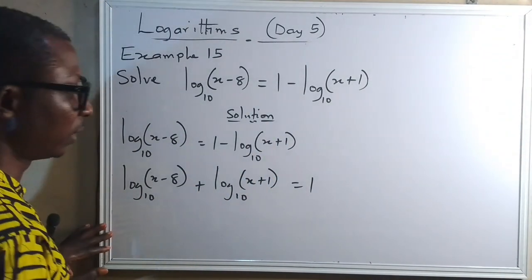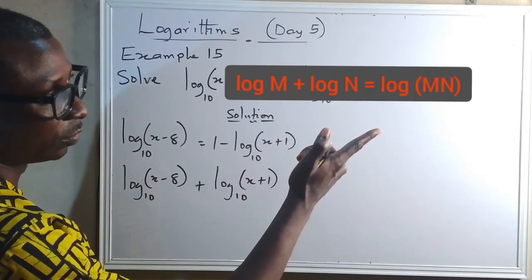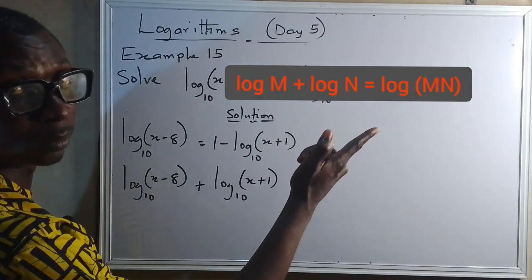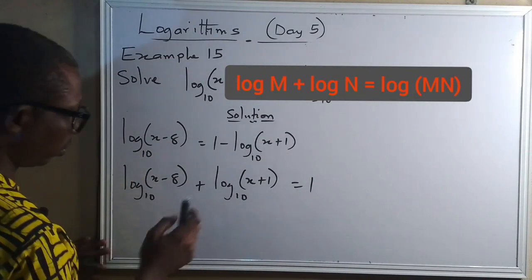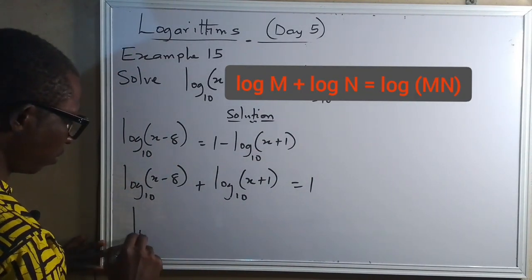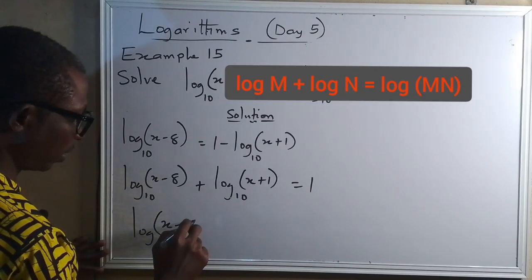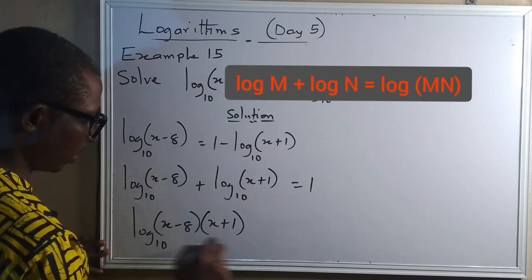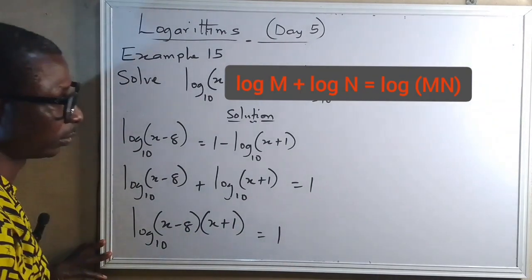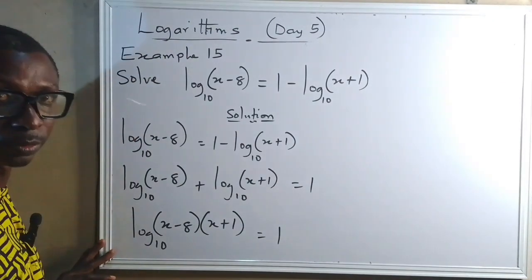All right, now the next thing is to join this together. So we are going to be making use of this law, right? I guess we are familiar with that. So now this turns to log of (x minus 8) times (x plus 1) base 10 equals 1. All right. So now, what's the next thing to do?